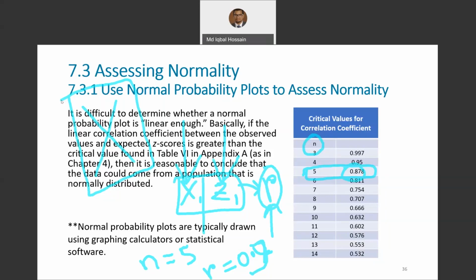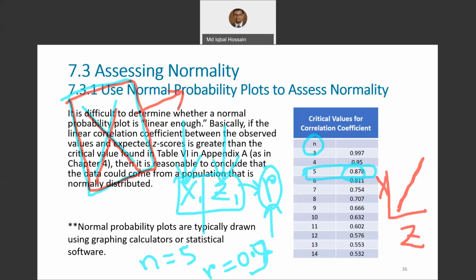So when the correlation coefficient is significant, or the graph of z and x follows exactly the same line, then we are saying that the variable x follows a normal distribution, or is coming from a normal distribution.